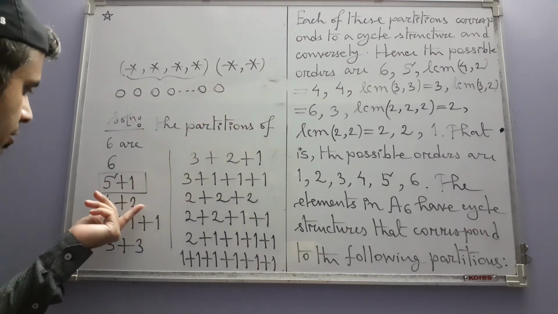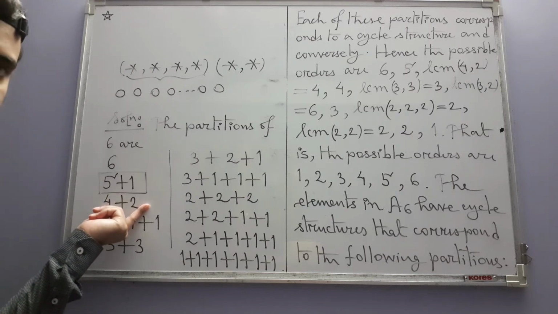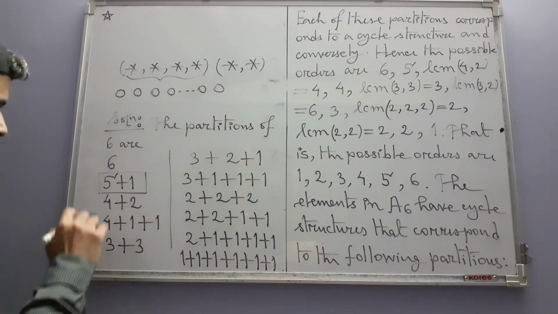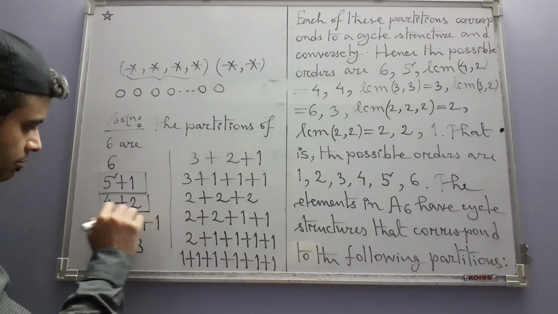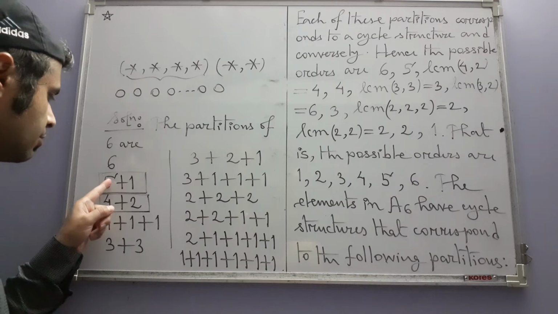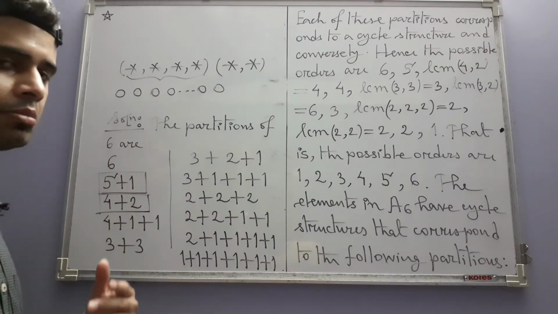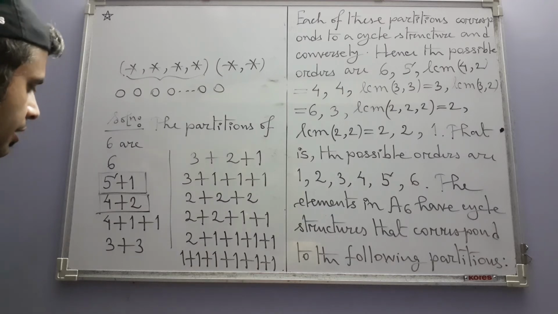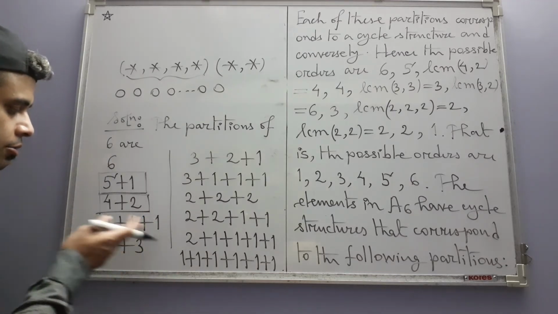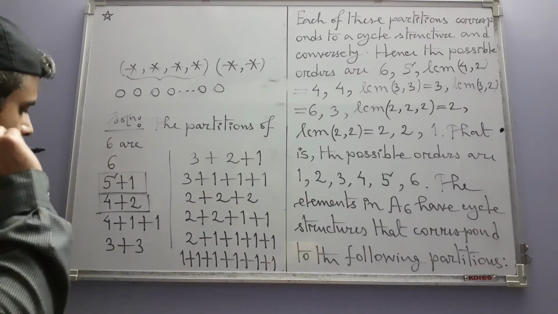So the permutation corresponding to this partition is an even permutation. So that means what we have to do here, consider the even numbers as odd, the odd numbers as even, and then you apply the rule for adding even and odd numbers. That is what you ultimately get.